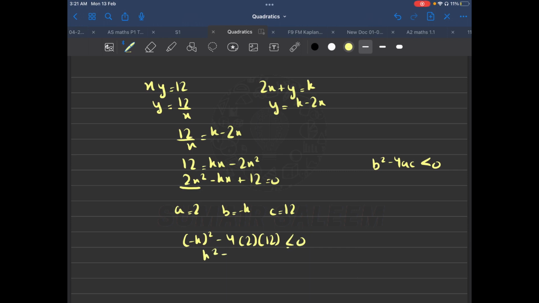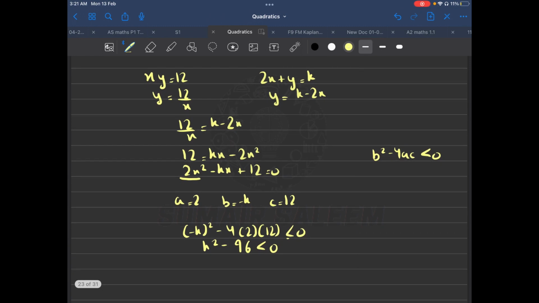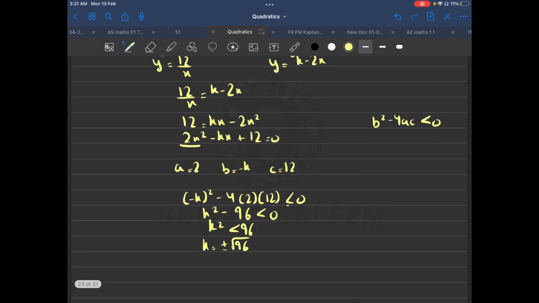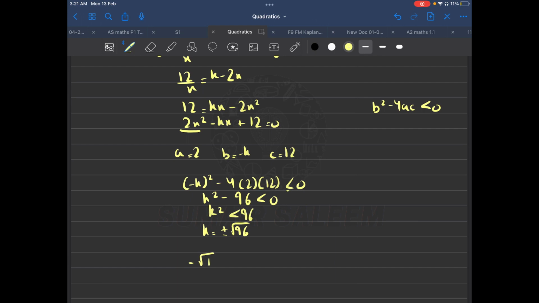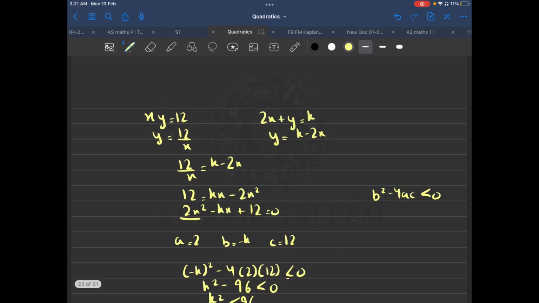So k squared minus 8 times 12, which is what? 96, right? So k squared is less than 96. What will be the value of k? Plus minus under root 96. What did I teach you about the less than sign? You write the smaller value first, the bigger value afterwards, and you write it in range form. That's it.